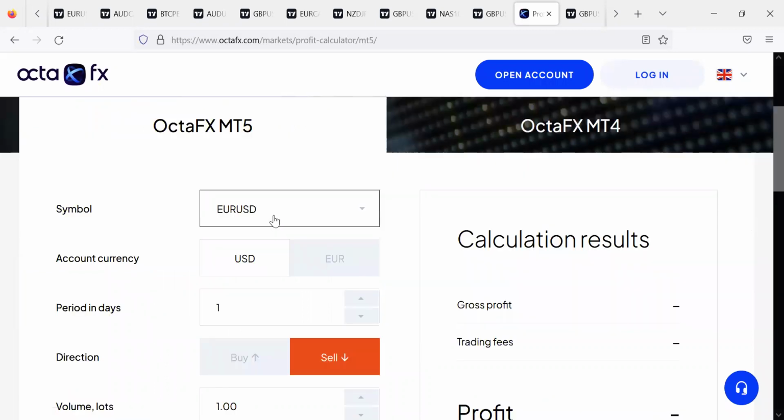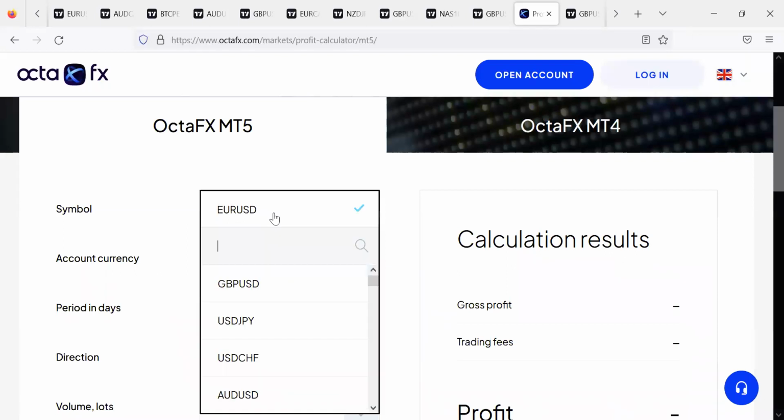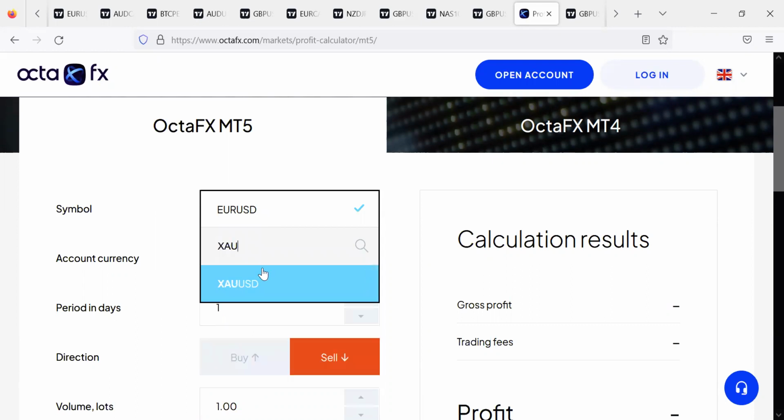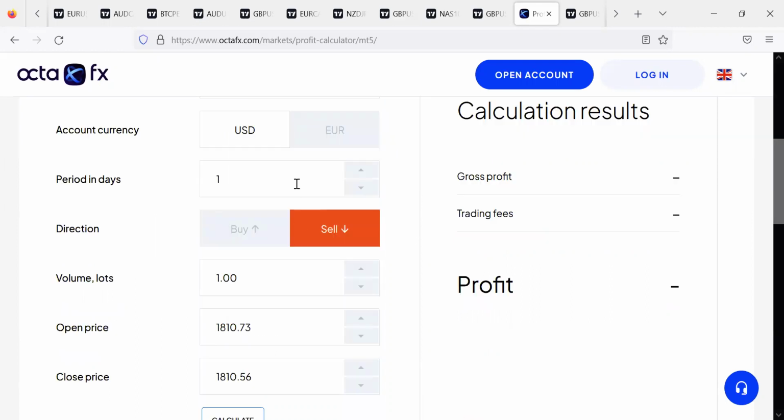So if I'm using gold, I trade gold mostly because that's where you have the most opportunity. XAU, one lot.